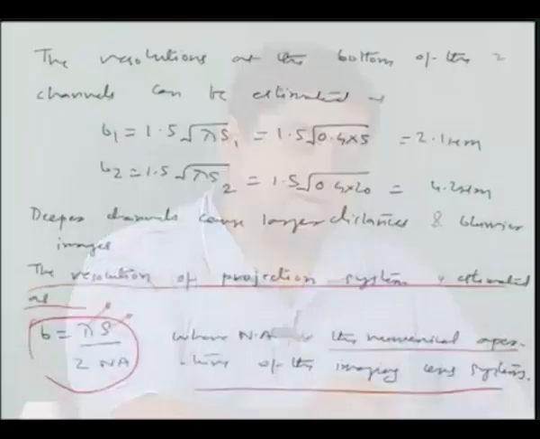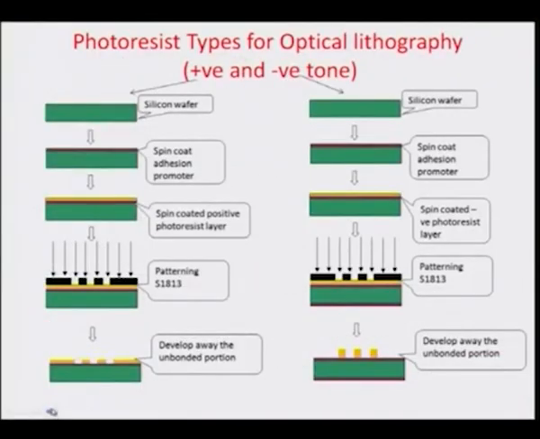Typically, there are two different kinds of resists, and this illustration shows the role of the two. One is a positive tone resist and another is a negative tone resist. In the positive tone case, as you see here, you start with the silicon wafer and then spin coat a small layer of adhesion promoter, which helps stick the resist onto the surface of the wafer.